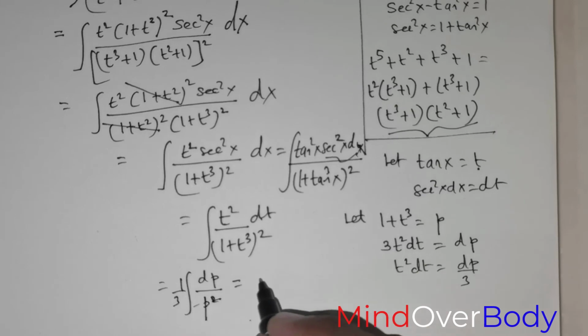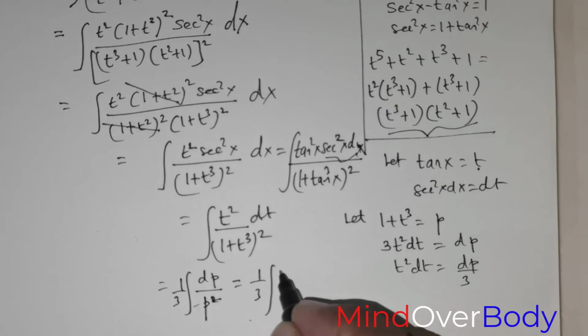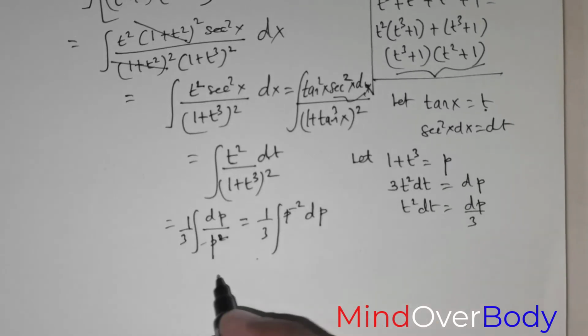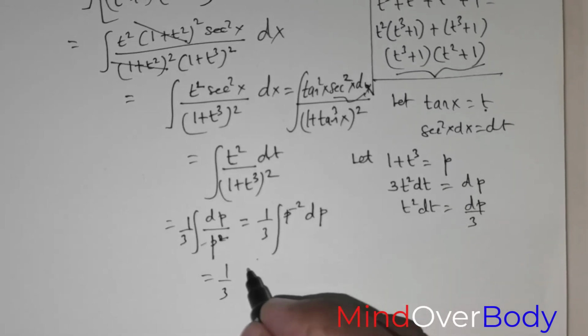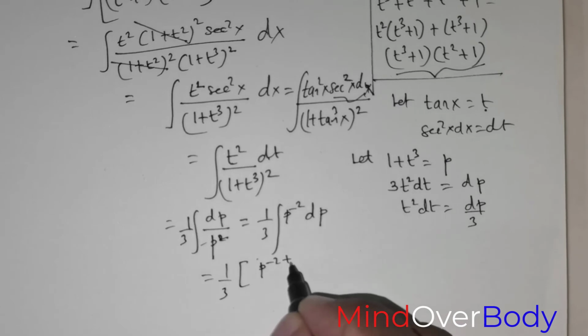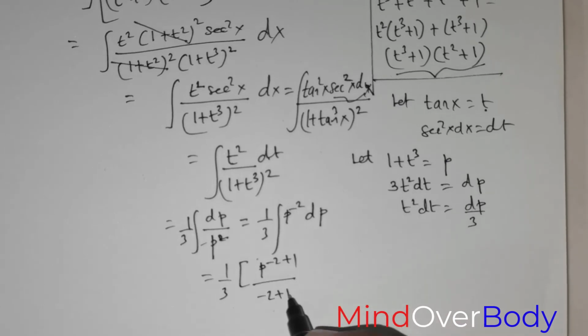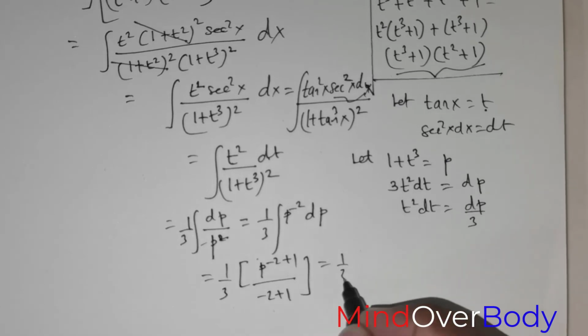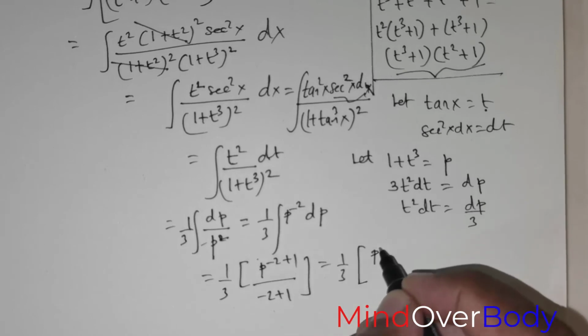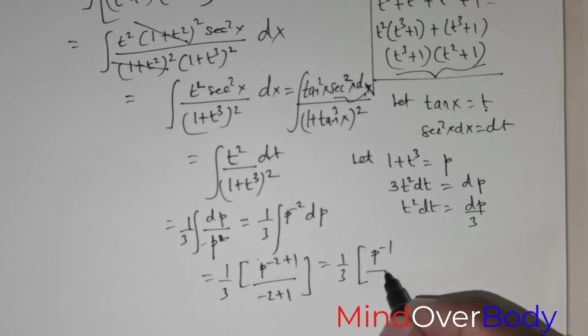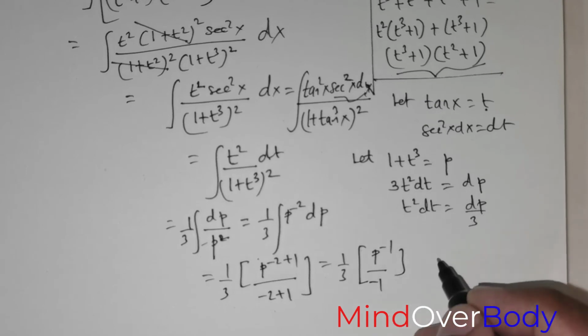So I move it to the numerator. If I move it to the numerator, it will be p raised to the power of negative 2 dp. I integrate this, and this is going to be p raised to the power of negative 2 plus 1, which is negative 1, divided by negative 1, times 1 over 3. I can push it down.